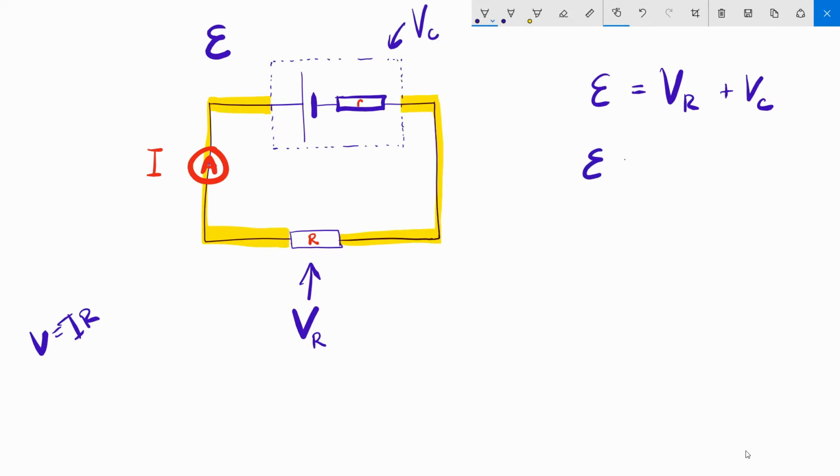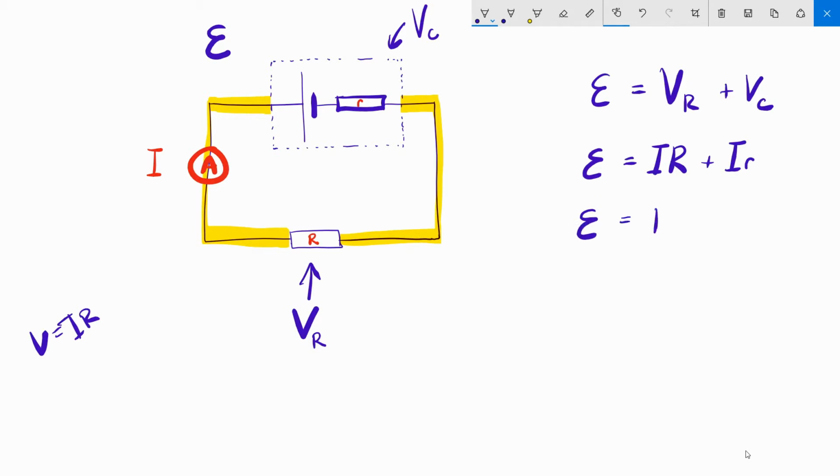All right. So now we've got EMF equals, the PD of the resistor is IR, and the PD across the cell, the voltage that the cell is using up, is I little r.